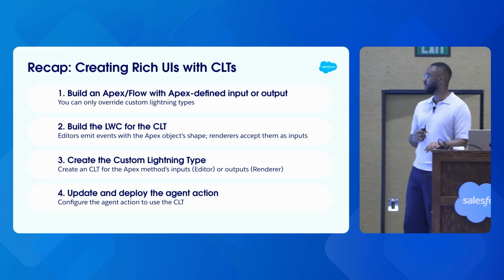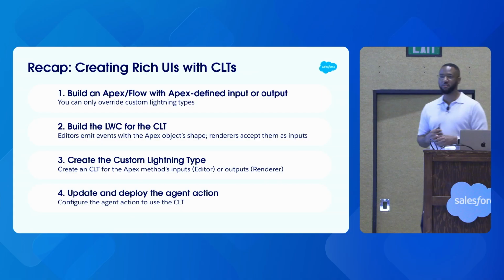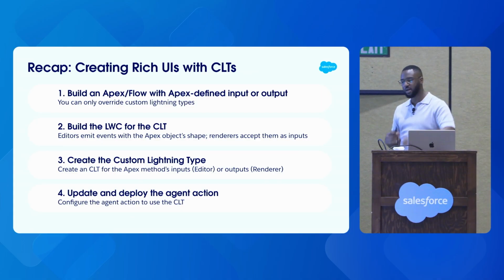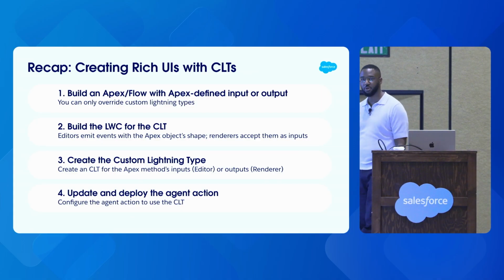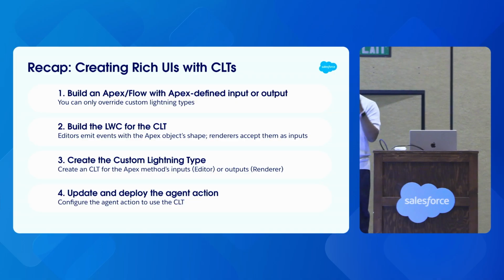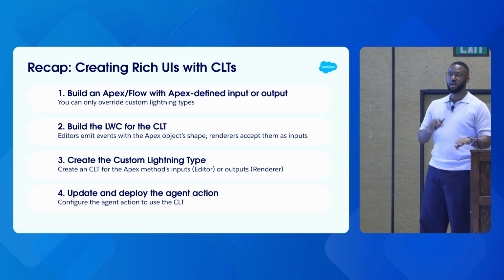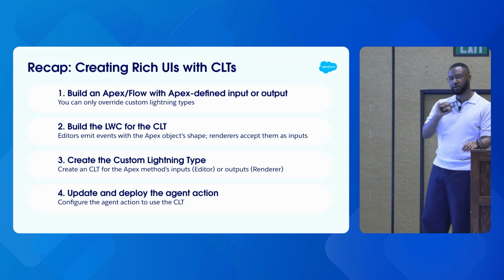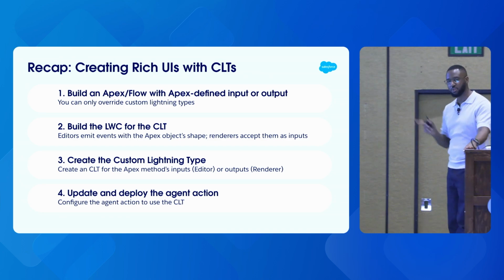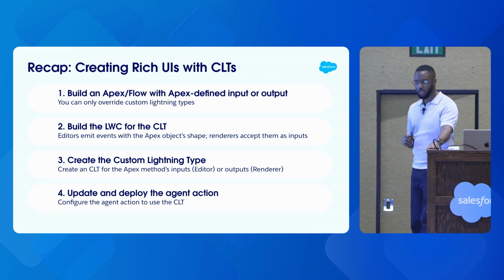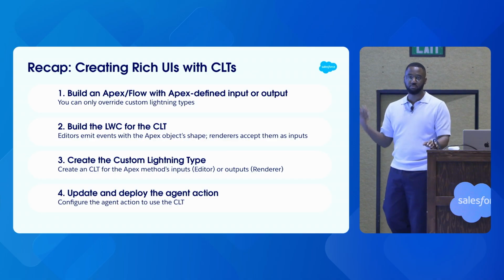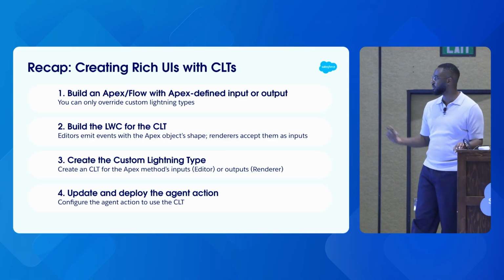Build your Lightning web component for the custom Lightning type. This is what you want to display inside of Agentforce. Create the custom Lightning type bundle. Remember, that's going to have a schema that points to the data and a renderer or editor JSON file that points to the component. And then just deploy it and update the agent action, and you're done. That's really it.